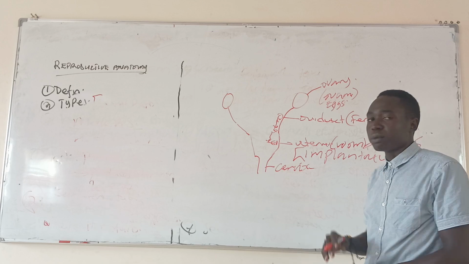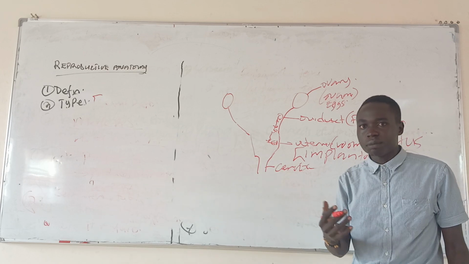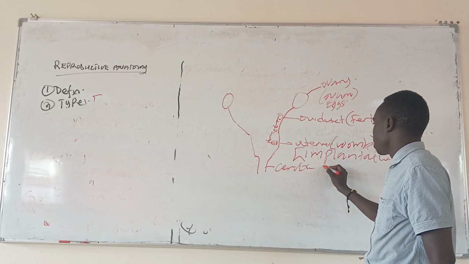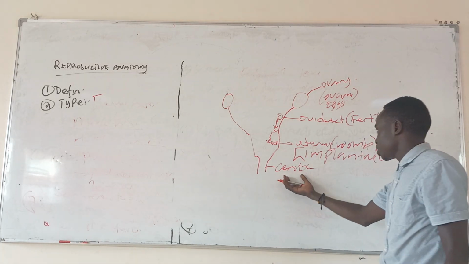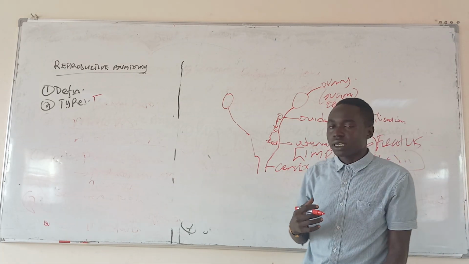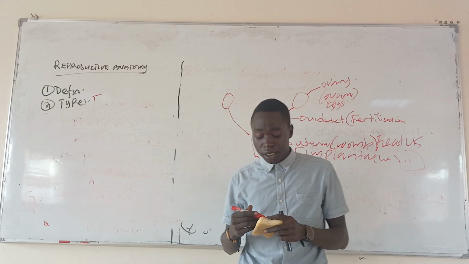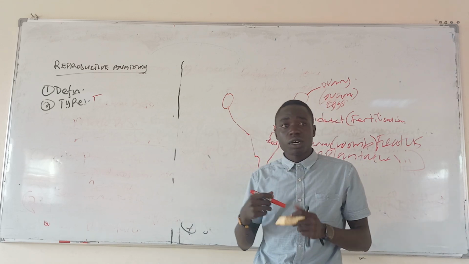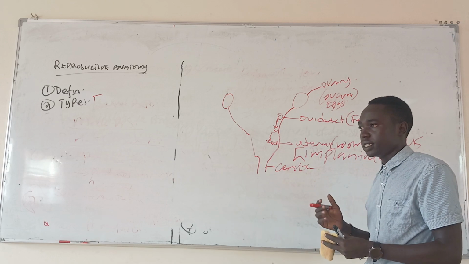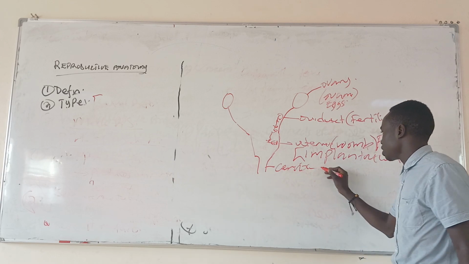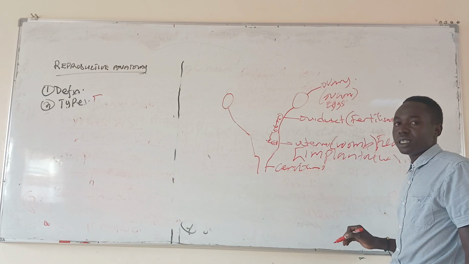Polyspermy. How can it prevent polyspermy? It prevents polyspermy by secreting the cervical fluid. This cervical fluid, what does it do? At the beginning when it is being secreted, it will be somehow thick and heavy, not light. So it communicates that there is ongoing menstruation.